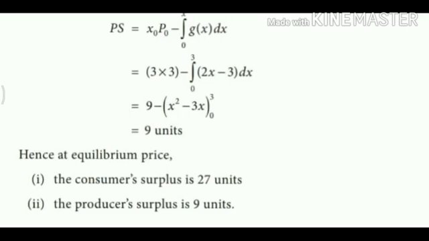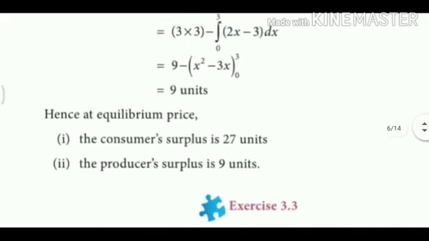After integration we get 9 minus 2x square by 2, which is x square, minus 3 integrated gives 3x. The limits are 0 to 3. Substituting the upper value, 3 square minus 3 into 3, it is 9 minus 9, which becomes 0. So our answer becomes 9 units. Hence at equilibrium price, the consumer surplus is 27 units and the producer surplus is 9 units.